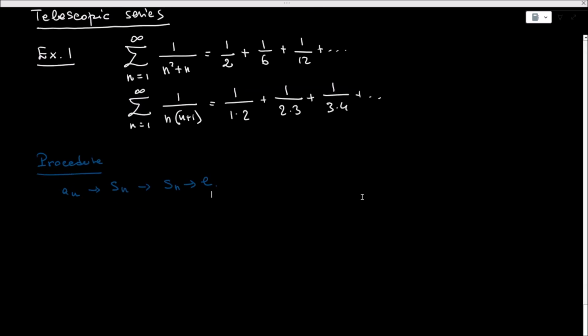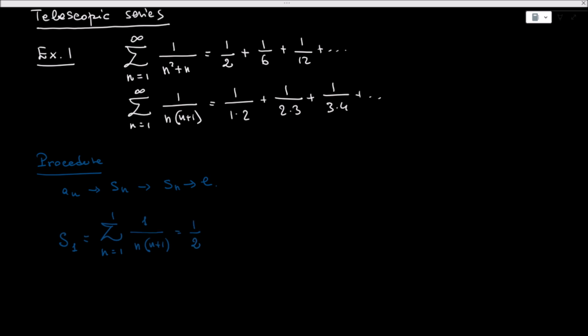So let's write the partial sum S1. Well, S1 is the sum for n that goes from 1 to 1 of an, right? Which is like saying 1 divided by n times n plus 1. And of course, this is simply 1 over 2. Let's consider now S2.